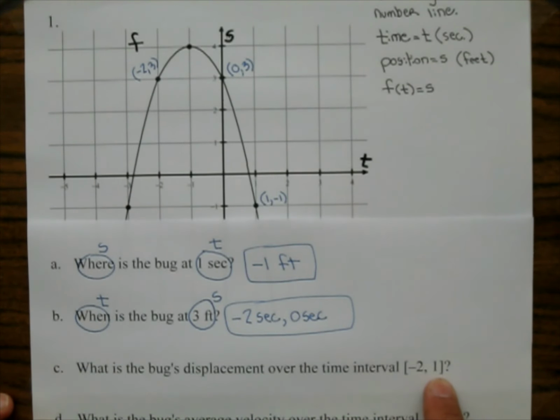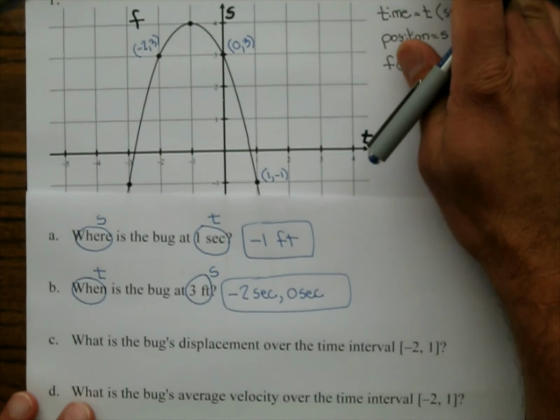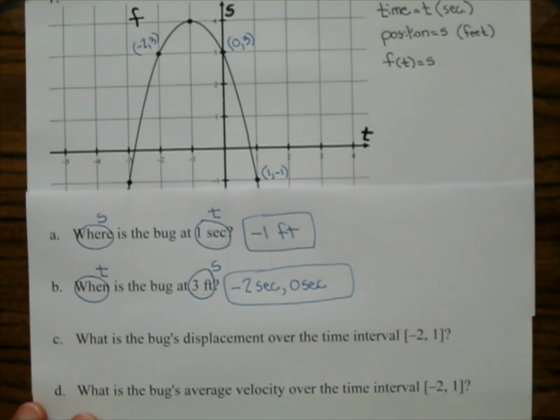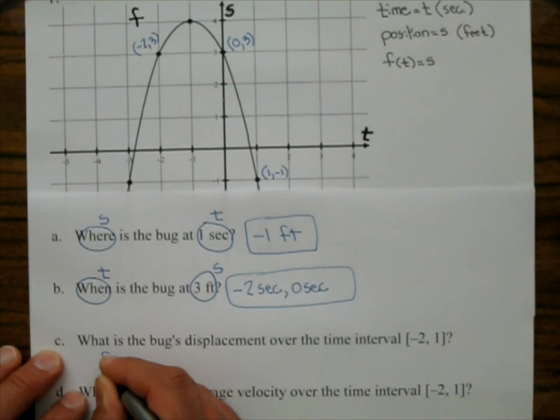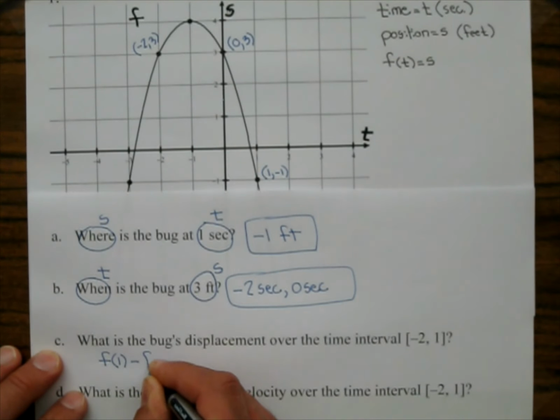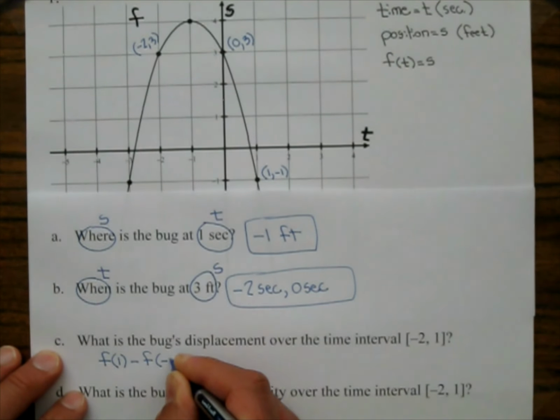Was he to the right or to the left? And so that's how we do it. But there was a formula that we used, and I'm going to move this up a little so we can fit this. You find the displacement by going f of the end time minus f of the beginning time.